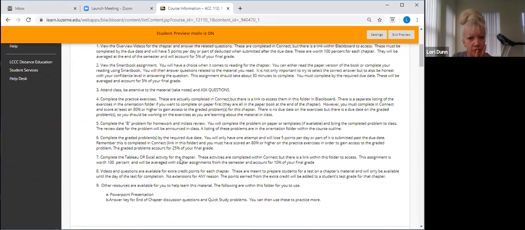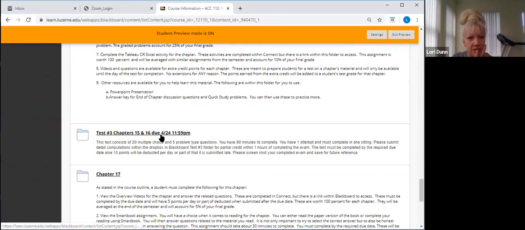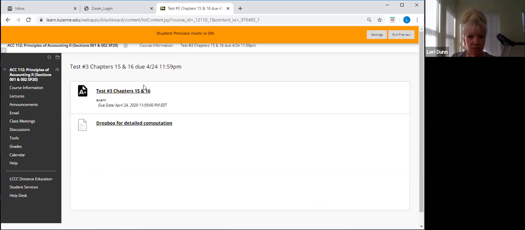You're going to scroll on down. Right after chapter 16, you're going to see the box. The test consists of 20 multiple choice and 5 problem type questions. Let me double check on the time, either 90 minutes or 120. You have 1 attempt and must complete it in 1 sitting. You can submit any detailed computations for this test in the Dropbox. And so here's your access to the test.